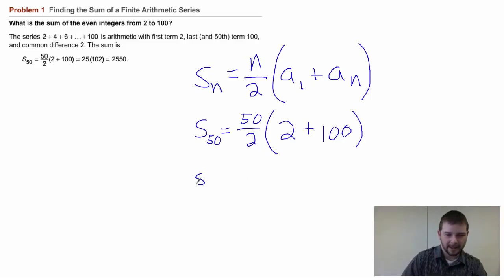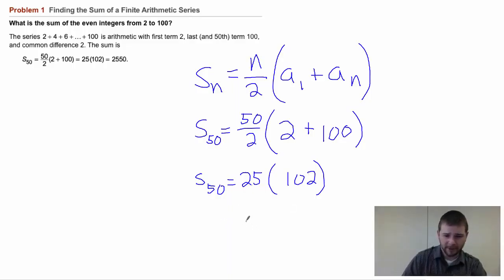Simplifying things, S sub 50 equals 25 times 102. Some mental math.